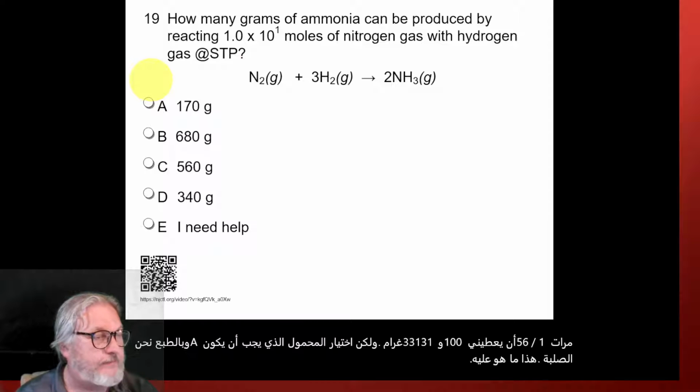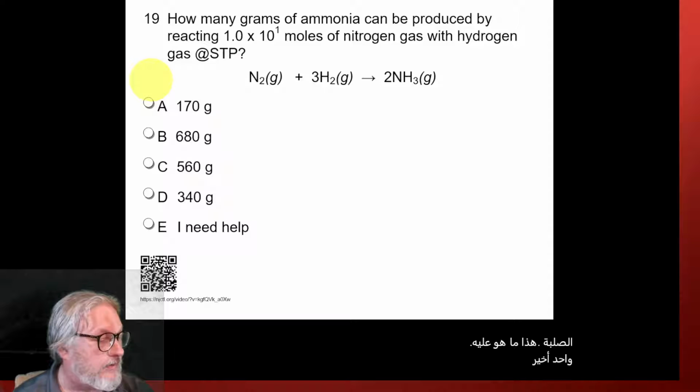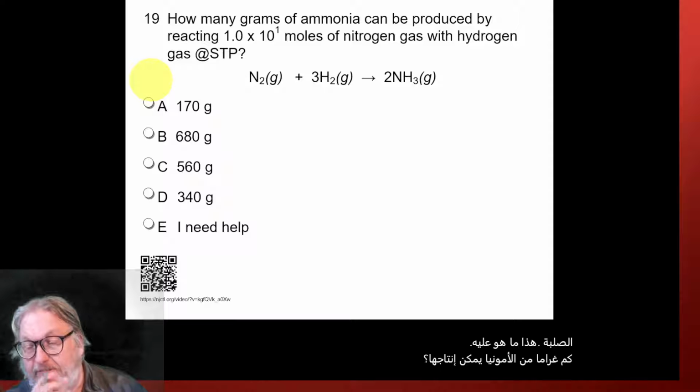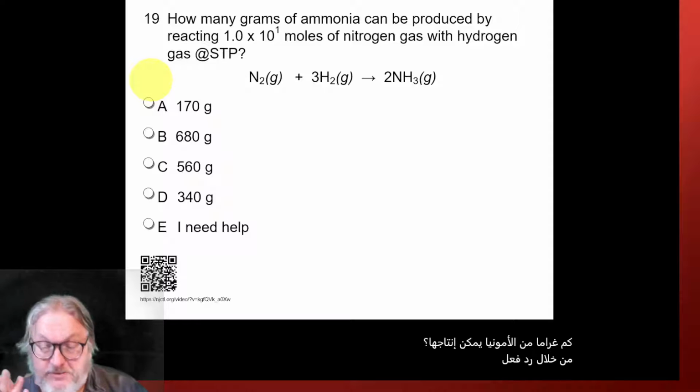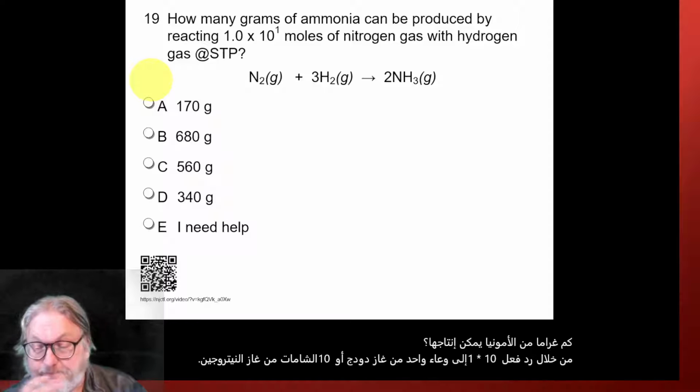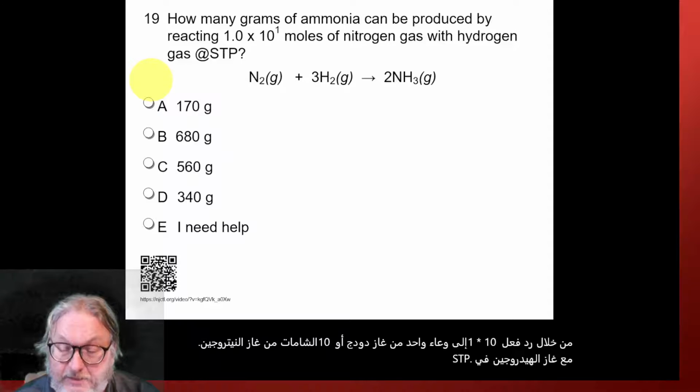One last one. Okay. How many grams of ammonia can be produced by reacting 1 times 10 to the 1 moles of nitrogen gas, or 10 moles of nitrogen gas, with hydrogen gas at STP? So they gave me 10 moles. Cool.